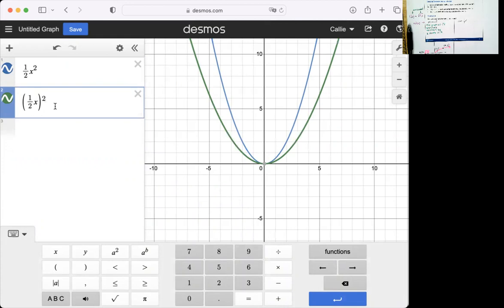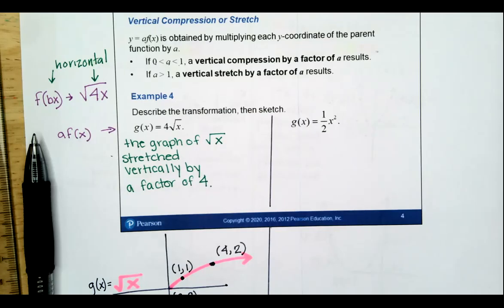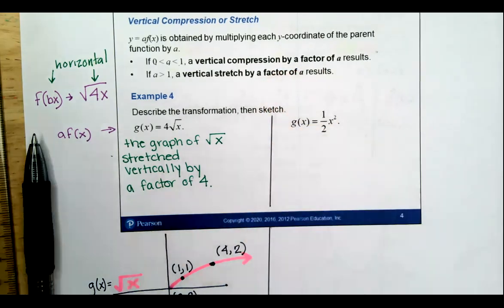So that 1/2, the squared is not being applied to the 1/2. That's how we know that it is a vertical instead of a horizontal stretch or compression, because it's a compression, right? We made it smaller.